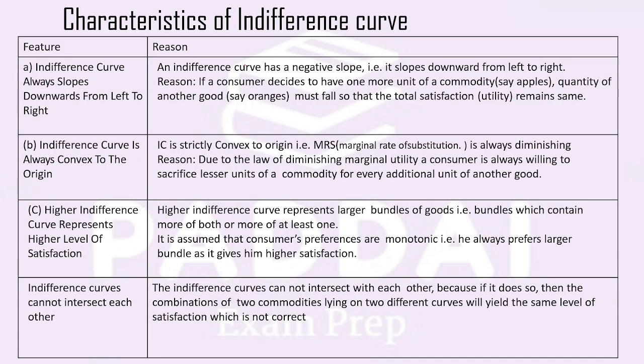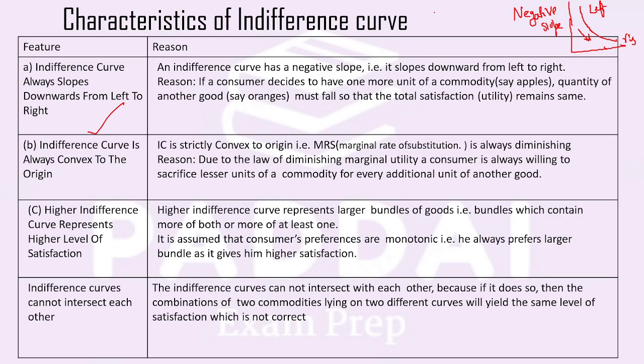Let's understand. The first one is the indifference curve always slopes downward from left to right. It means this is my indifference curve moving from left to right and it's downward. Why is it called a negative slope? Please remember, it is a negative slope moving from left to right.